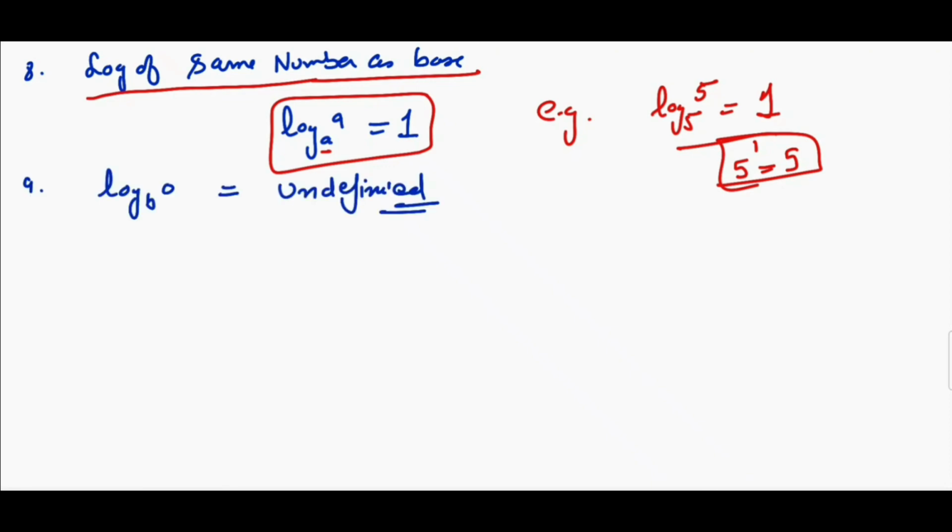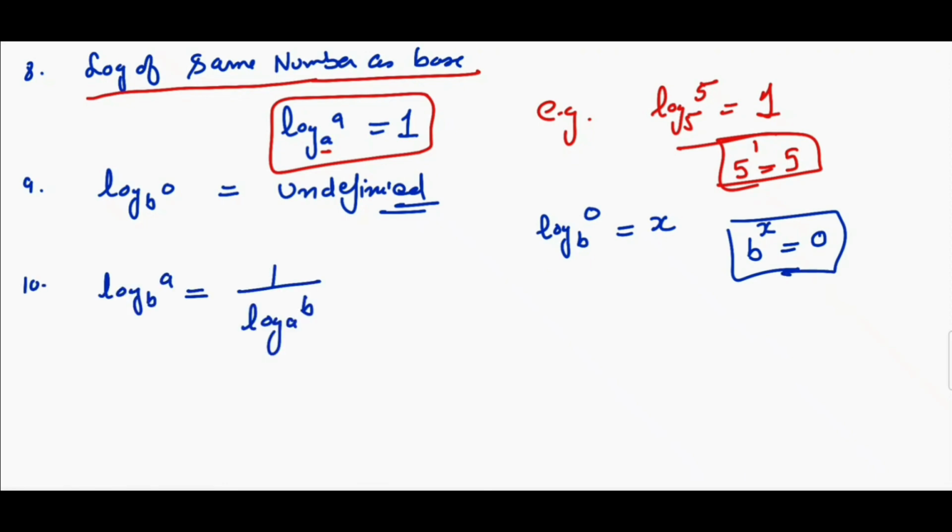So next we have the log of 0 with any base is always undefined. Why so? For example, if log of 0 base b is equal to x, this will become b raised to power x is equal to 0, which is not possible. So we can say that this log is always undefined.